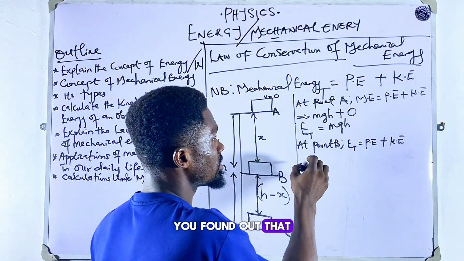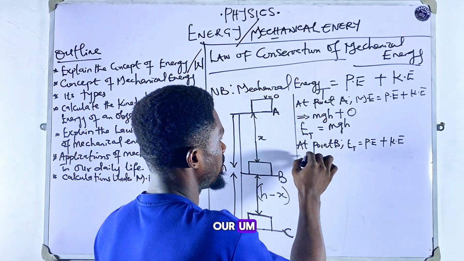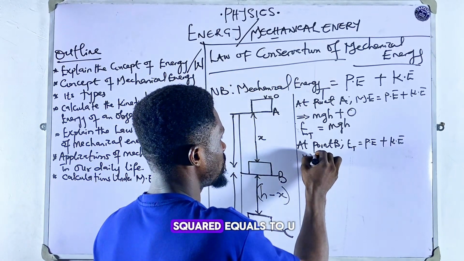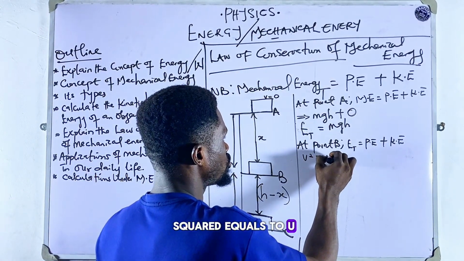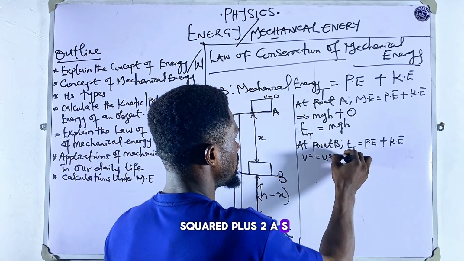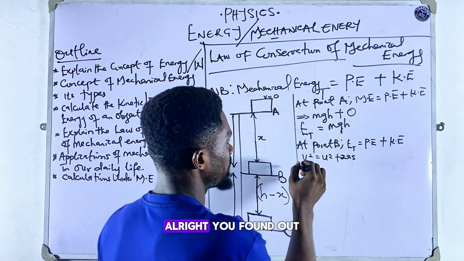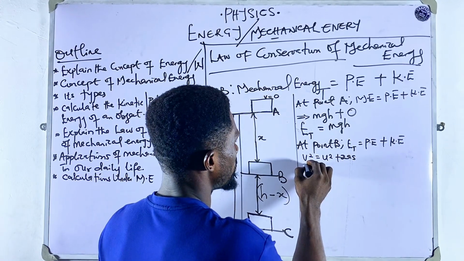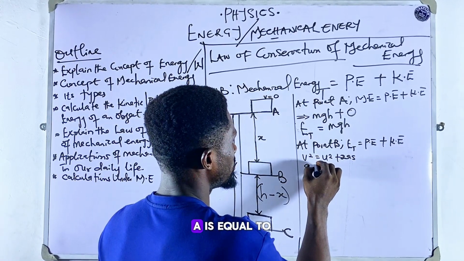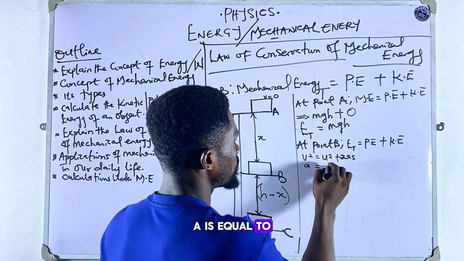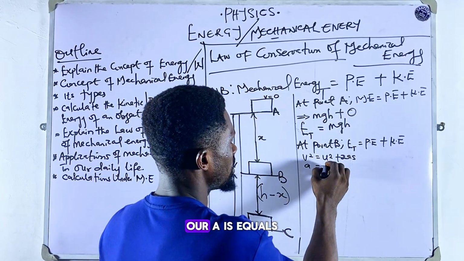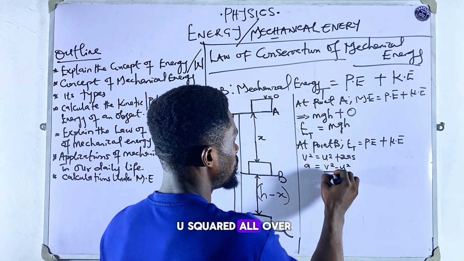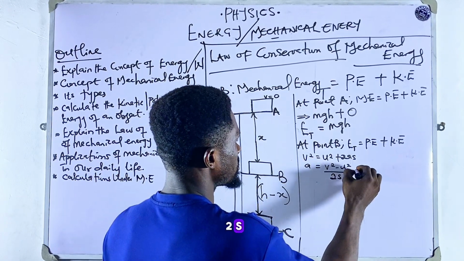you'll find out that from the relation v squared equals u squared plus 2as, a is equal to, I've done this before, a is equal to v squared minus u squared all over 2s.